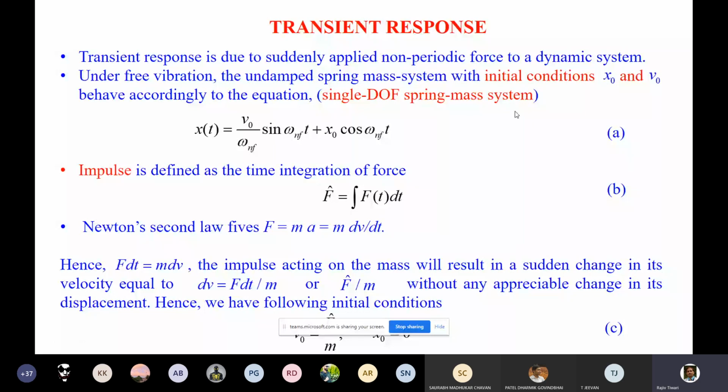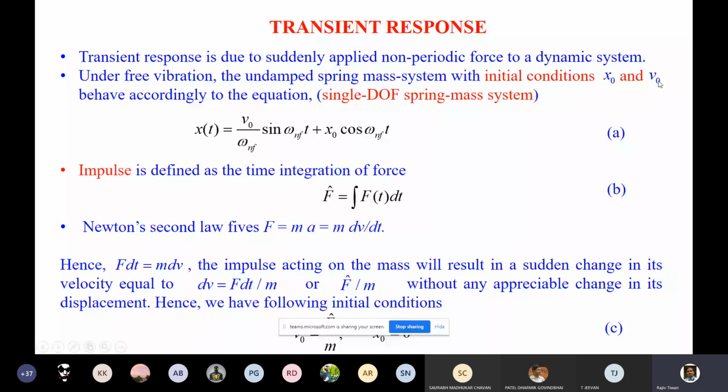Here you can see that we are applying a non-periodic or aperiodic force to the dynamic system. The dynamic system is single degree of freedom, and at present it is an undamped spring mass system. We have specified the initial conditions x naught and v naught.